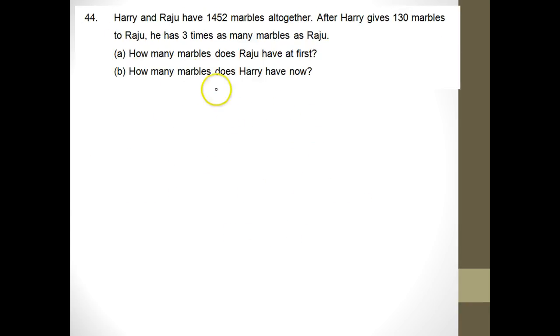Question 44. Harry and Raju have 1,452 marbles altogether. So write down the information, Harry plus Raju is 1,452. After Harry gives 130 marbles to Raju, he has 3 times as many marbles as Raju. So Harry gave to Raju 130.